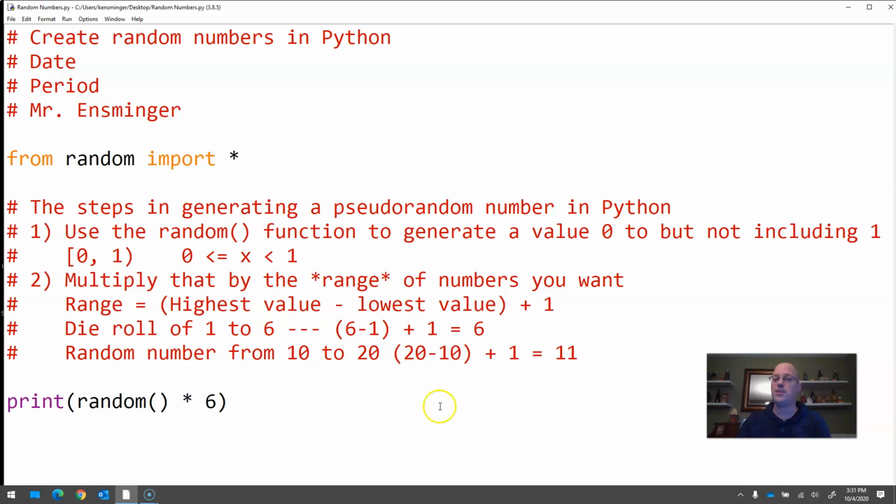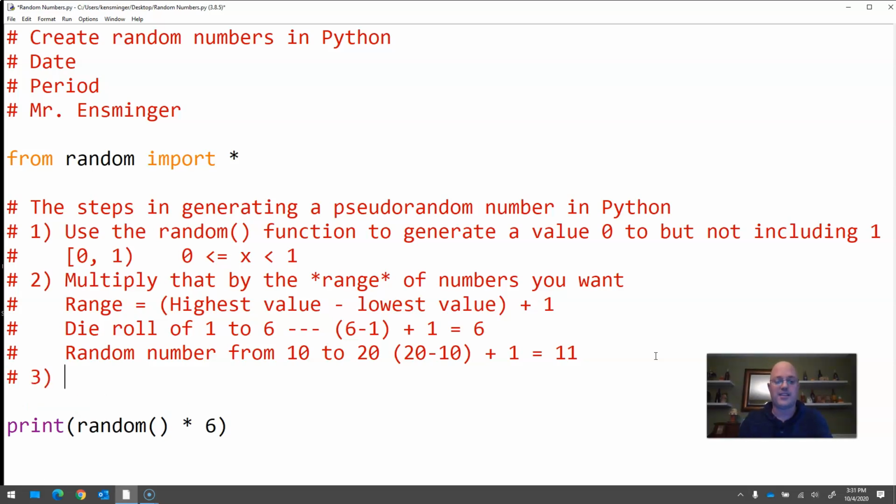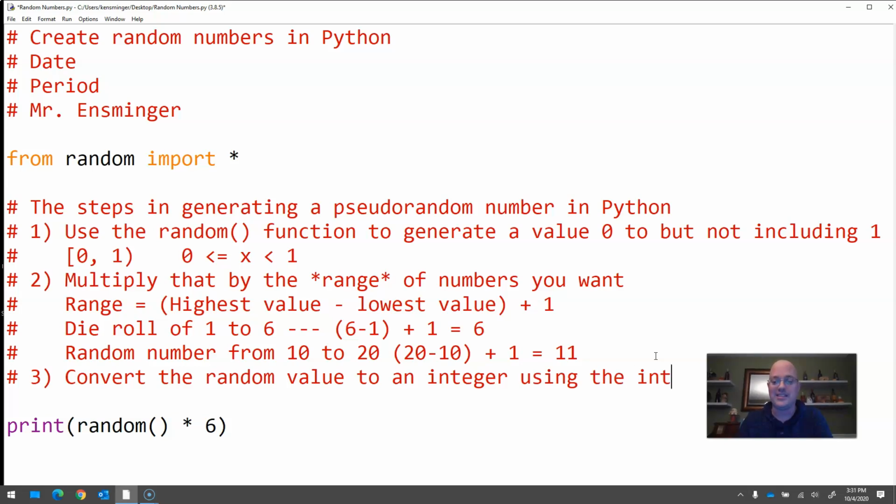So what you need to do next, we have these decimals. We don't want decimals. When you're rolling a die, you don't get like 2.5 or 3.4. So what we need to do next is convert the random value to an integer using the int command. We've seen this before. Watch this.